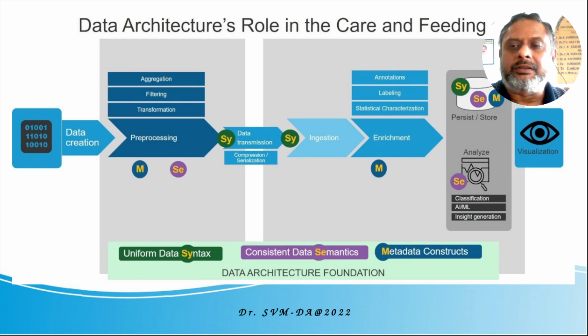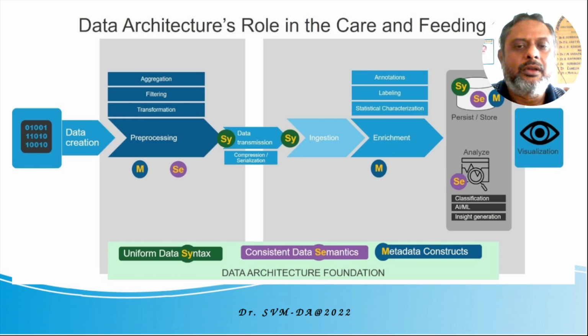So it makes the customer or the client understand the overall information we wanted to provide in the simplest possible way. So that's the whole thing you can see in different colors. There are three things. One in the green, we can see that's a uniform data syntax.